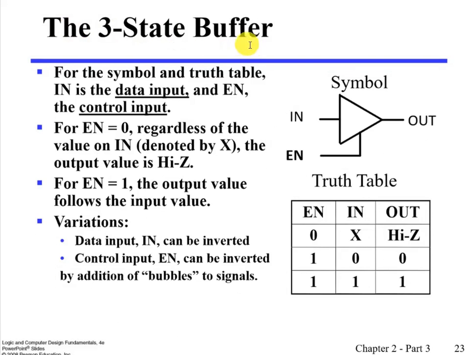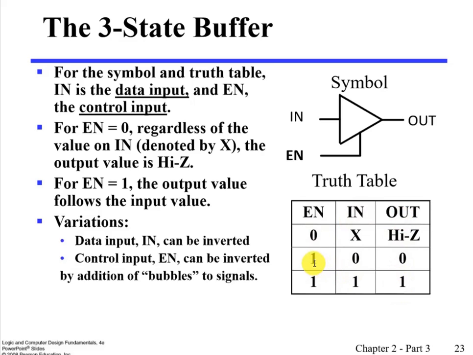Earlier, we introduced the three-state buffer as one of the primitive gates. The three-state buffer has three-state logic outputs that exhibit different states. This is the symbol of the three-state buffer. So we have input, enable, and then output, and here we have the truth table: enable, input, output.